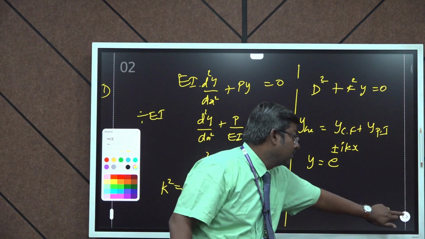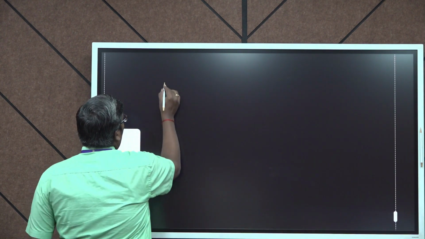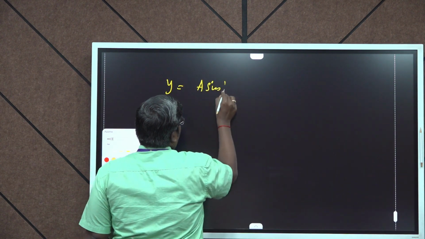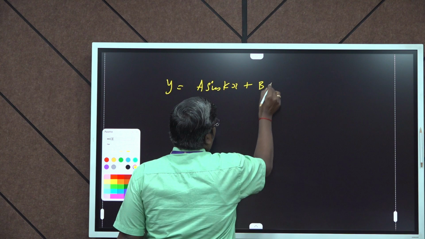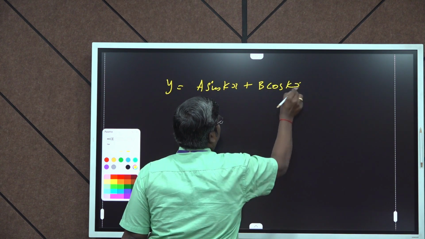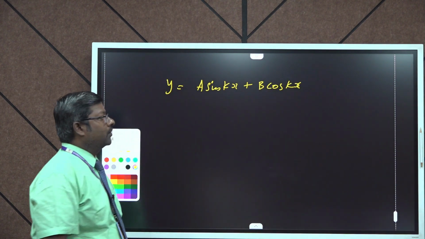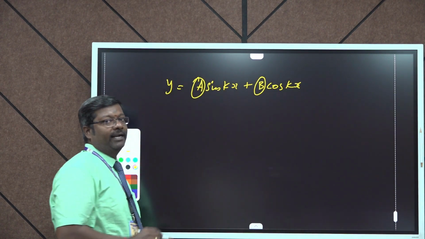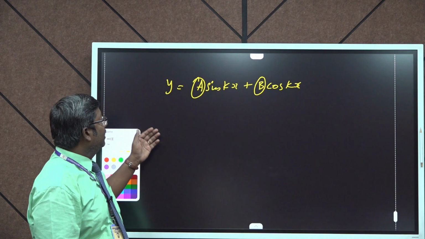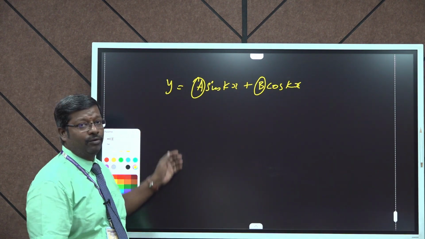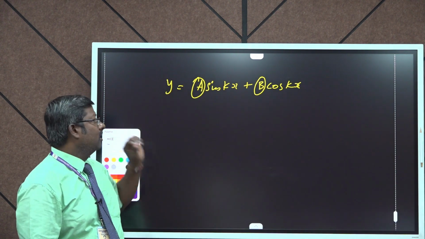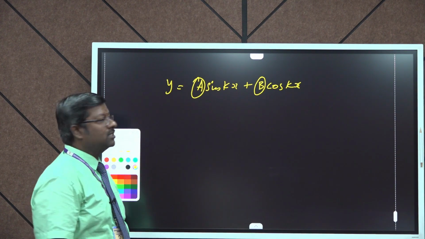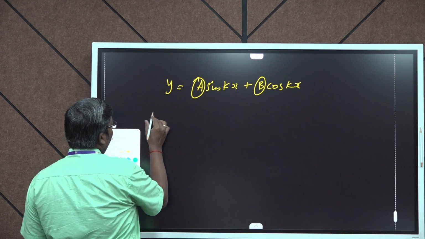We will get y equal to a sin kx plus b cos kx. Here a and b are the constants. We need to find the constants first, and by substituting the values of a and b we will get the final y equation. To find the a and b constants we need to substitute boundary conditions.